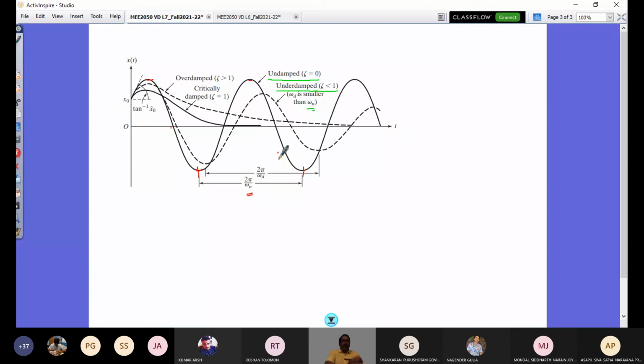So by substituting this in the above case, I would have this for m cycles. ln xm by xm plus 1 can be equal to ln e raised to zeta omega n m times tau d, for m cycles.